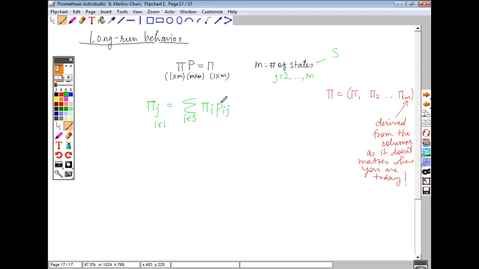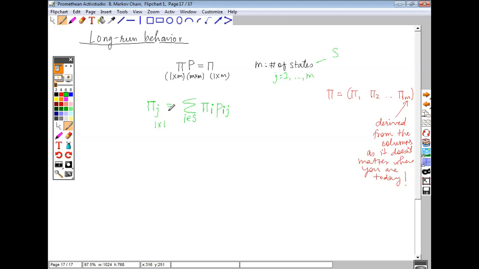Whenever I'm saying frequency, in simple words, it just means that I'm considering all the transitions that will lead me to j. So it doesn't matter where you come from, and you just want to take into account all the probabilities. So this was it about the way we write the stationarity condition.